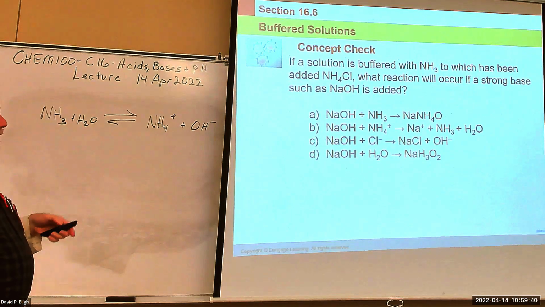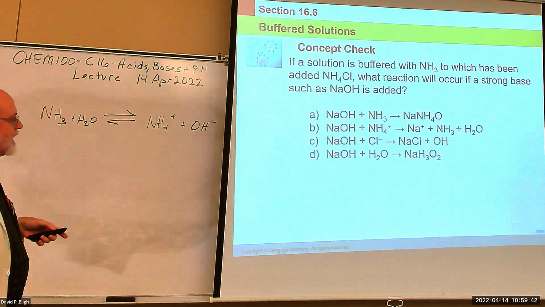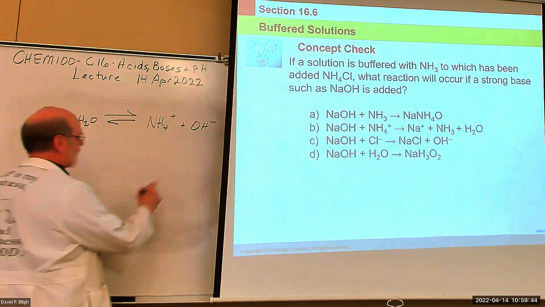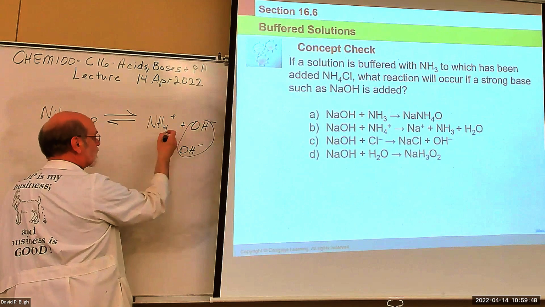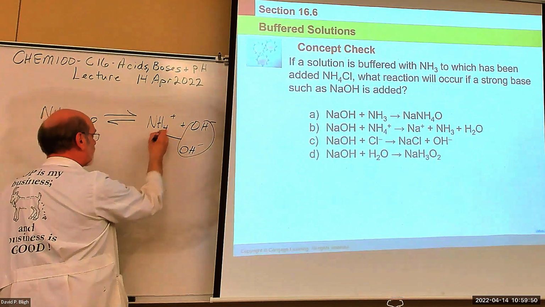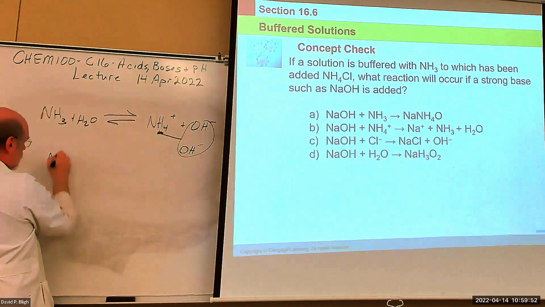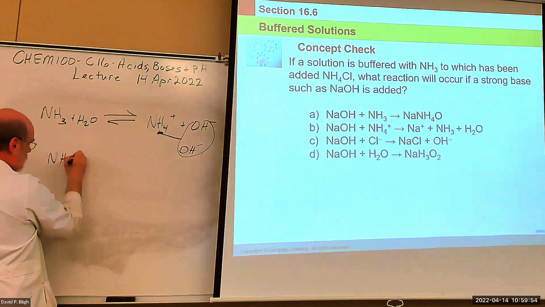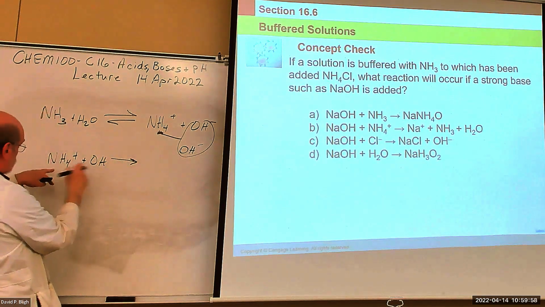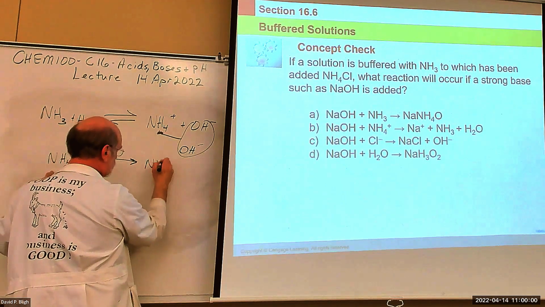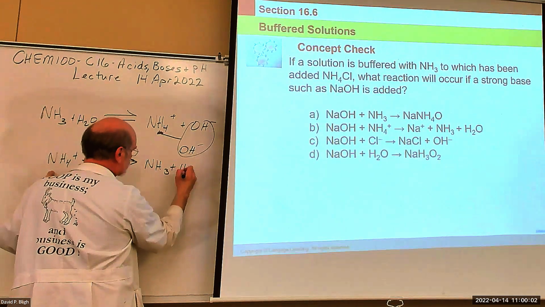So what reaction will occur if you add strong base, such as sodium hydroxide? Well, if you add hydroxide to it, that adds this, which means it reacts with that and goes this direction. So you're going to have this plus this, and you get this plus this.